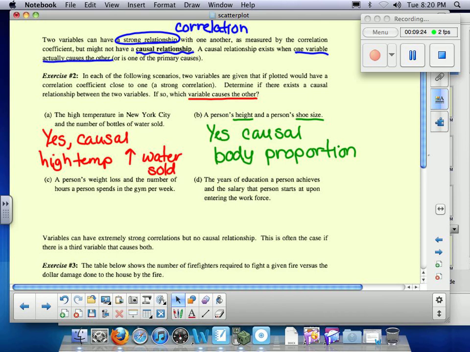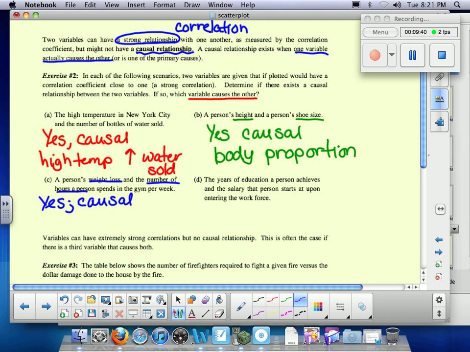Letter C. Does the amount that a person loses in weight, is that caused by the number of hours the person spends in the gym? Well, as long as you're actually working in the gym, then yes, your weight loss should be reflective of how long you're working in there.